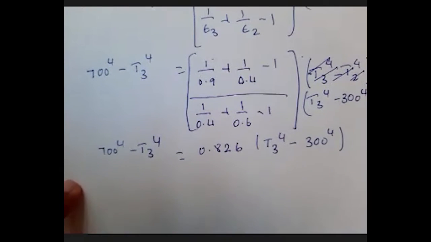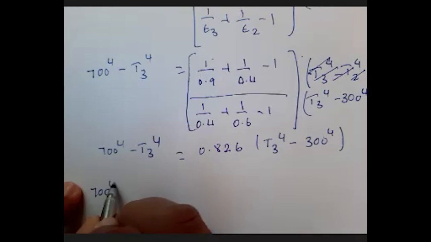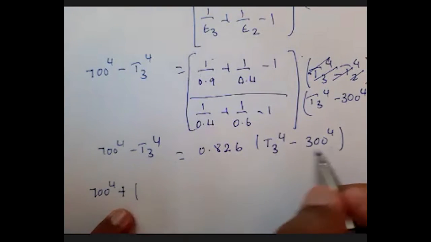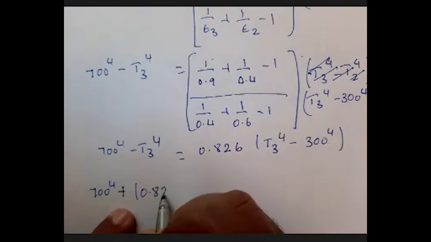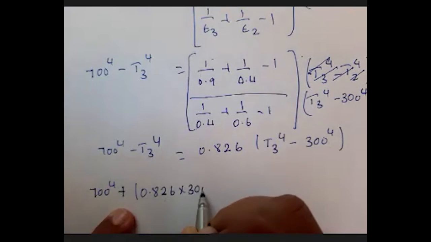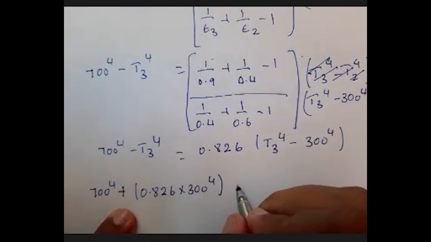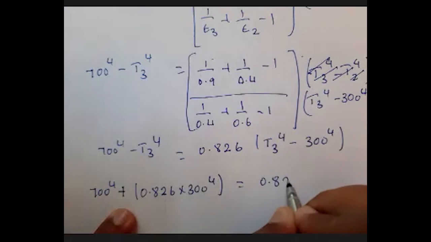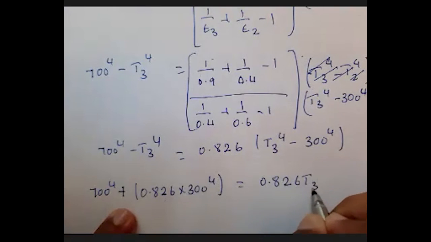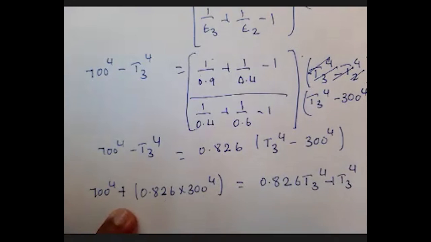So this will be nothing but 700 raised to 4 plus, taking this term, 0.826 into 300 raised to 4 is equal to 0.826 T3 raised to 4 plus T3 raised to 4. Out of this whole thing, I get T3 is equal to 606.23 Kelvin.